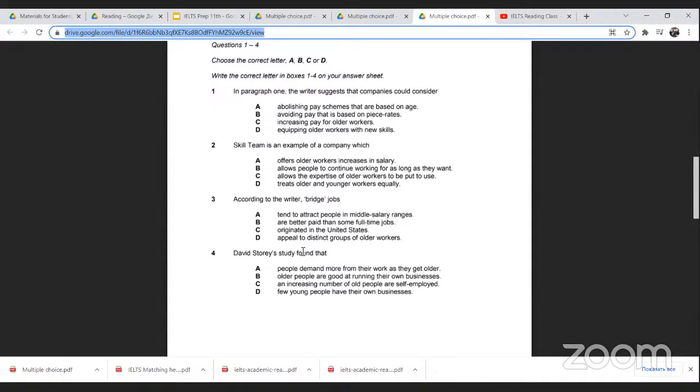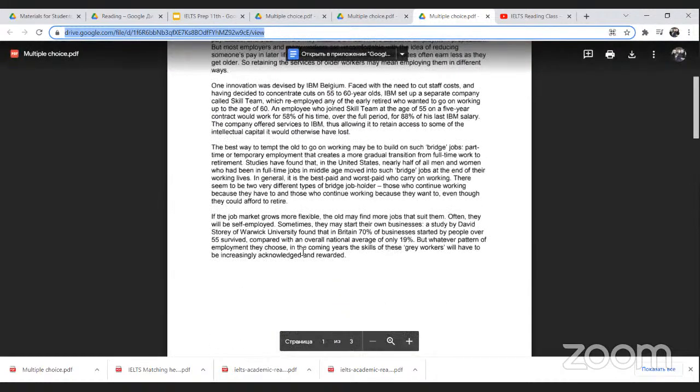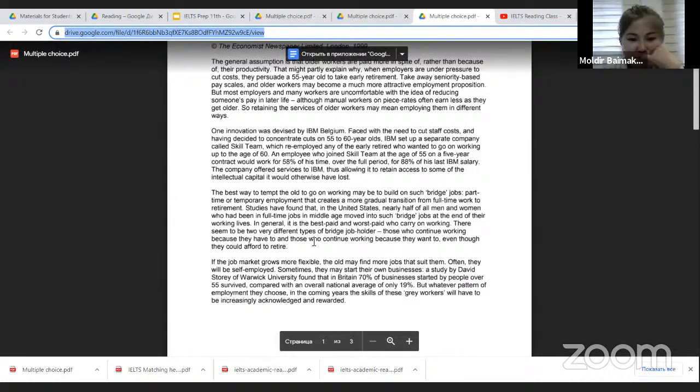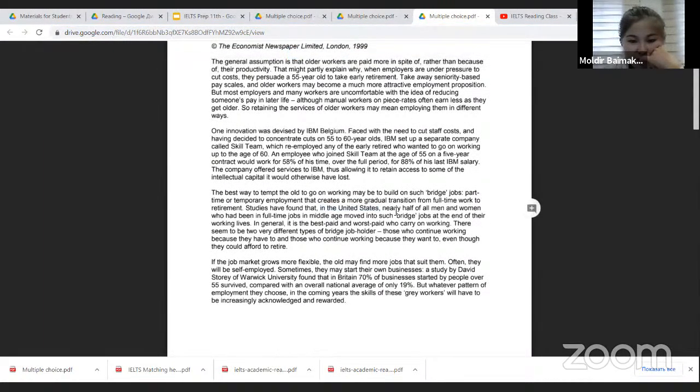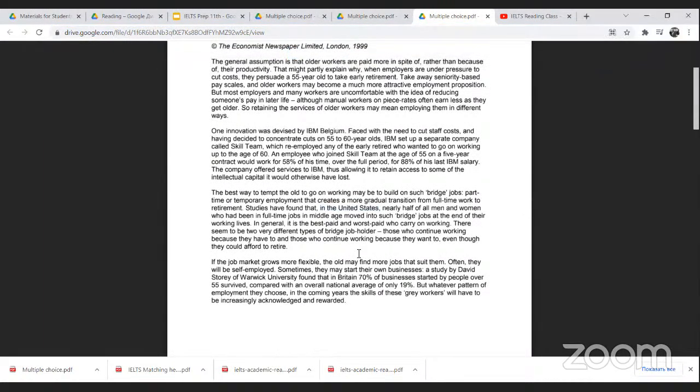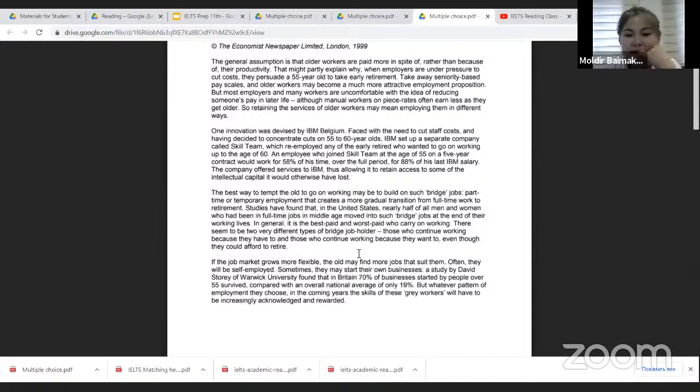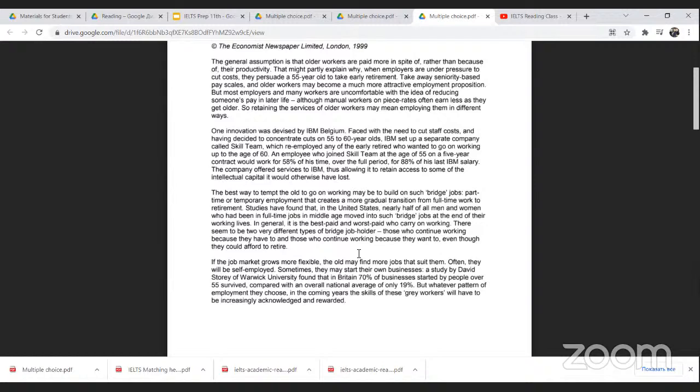Um, C, originated in the United States. Well, look at paragraph 3. Studies have found that in the United States, nearly half of men and women who had been in full-time jobs in middle age moved into such bridge jobs at the end of their working lives.